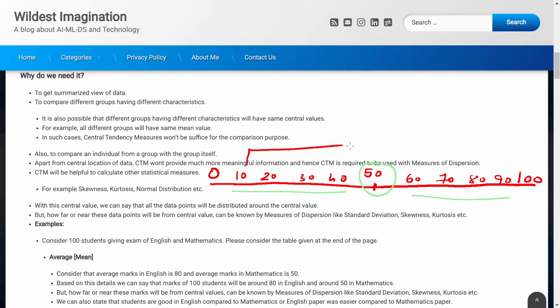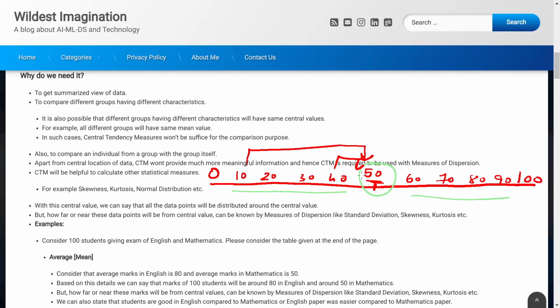But how far or how near these data points will be from this central location can be known with the help of measures of dispersion.